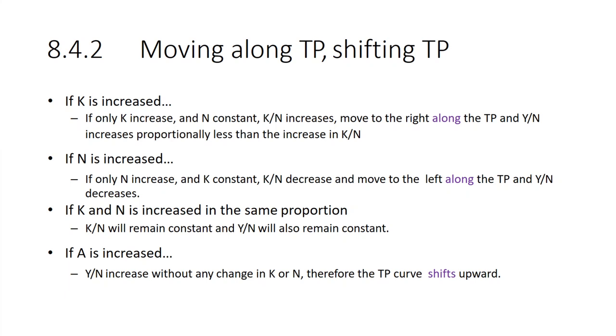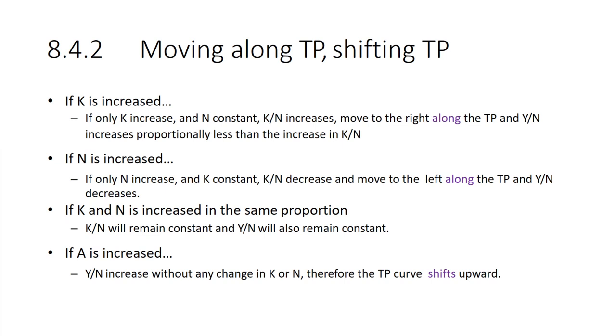If labor is increased while capital remains constant, then your capital-labor ratio will decrease, and you will again move along the TP curve, but this time towards the left, because there will be a reduction in capital per person, and ultimately a reduction in your GDP per capita. If both capital and labor increase at the same proportion, then your capital-labor ratio will remain constant, and so will your GDP per capita.